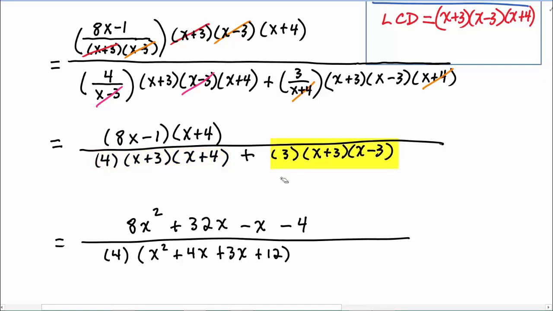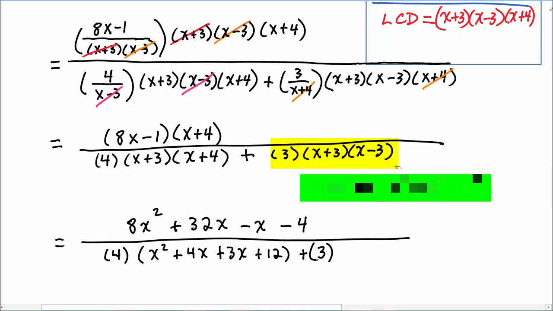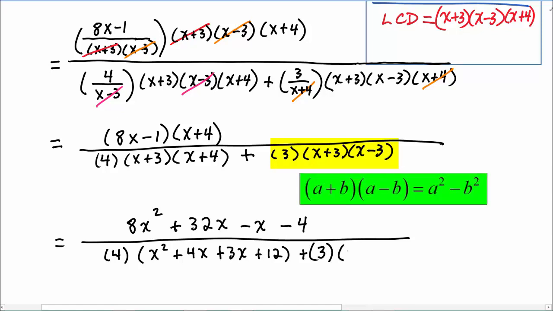Also in the denominator, we'll want to leave the 3, just like we left the 4 a minute ago. And x plus 3 times x minus 3 is a special product, so we can write that as x squared minus 9 in one step.